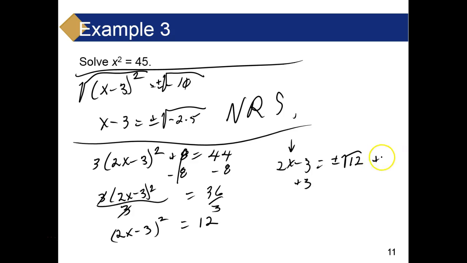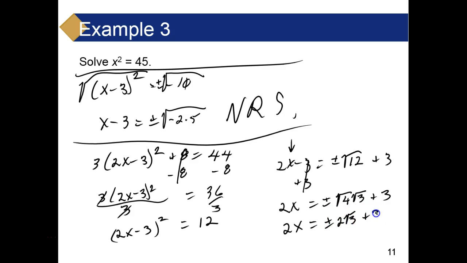So 2x is equal to, I'm also going to do this, plus or minus, and 12 has in it a perfect square, the square root of what? 4 times 3, plus 3. So this will be 2x is equal to plus or minus 2 root 3 plus 3, and then we divide by 2.